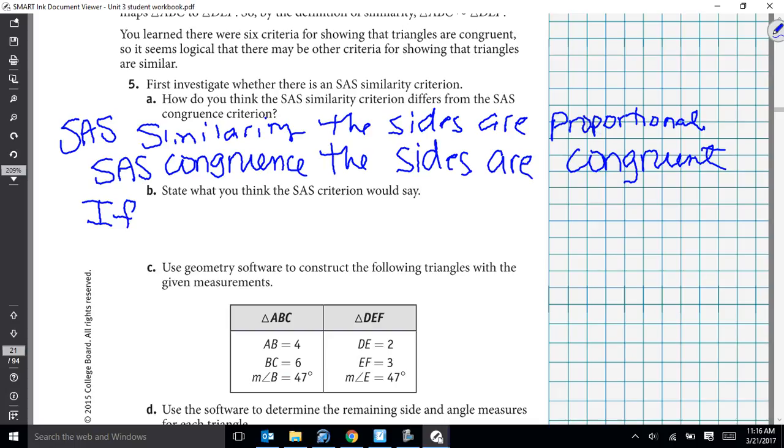So what did we say yesterday for angle similarity? How did that postulate read? You have to look back in your notes. Turn the pages.